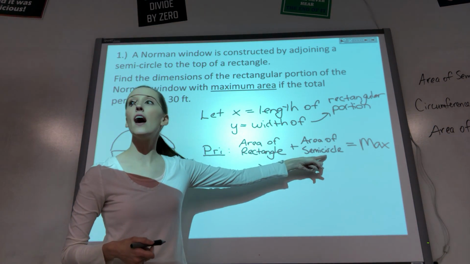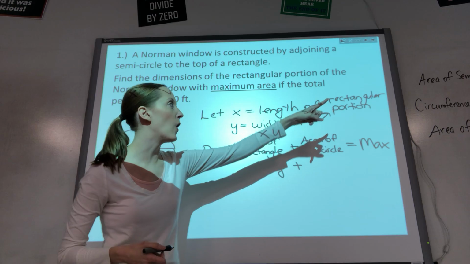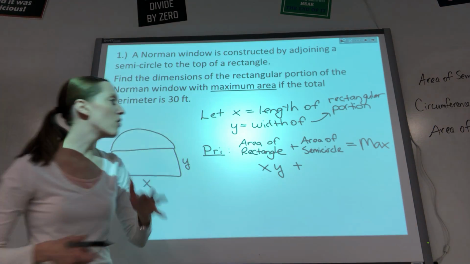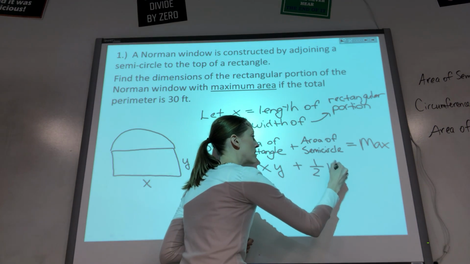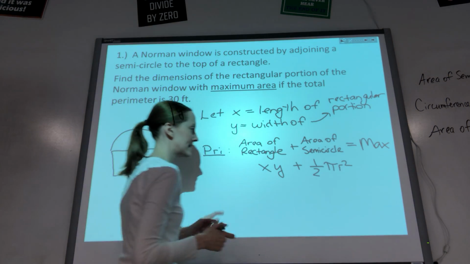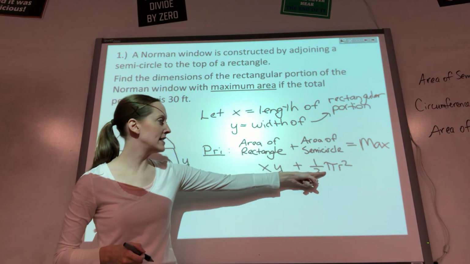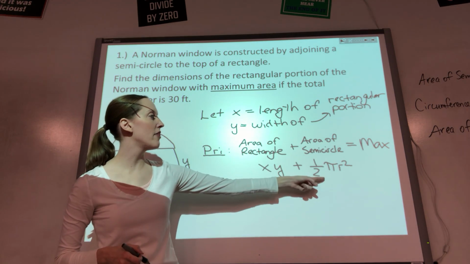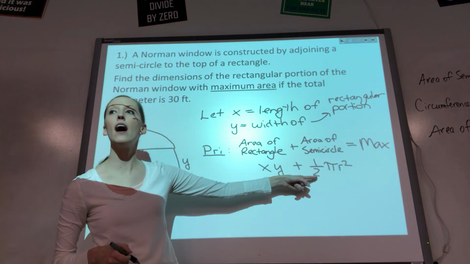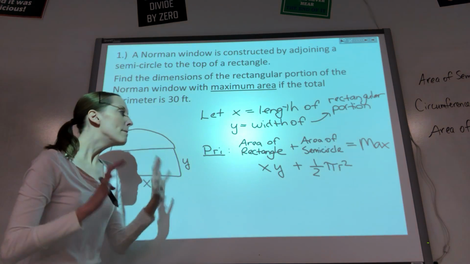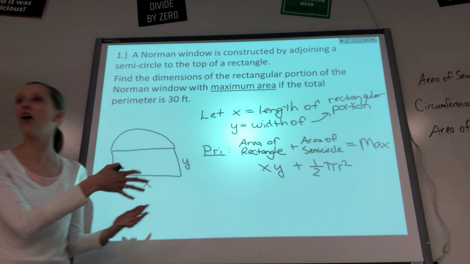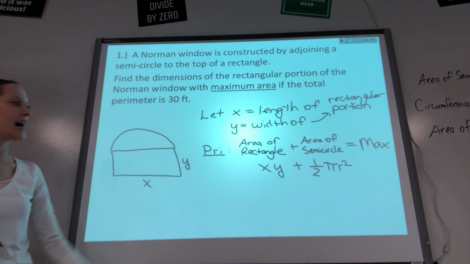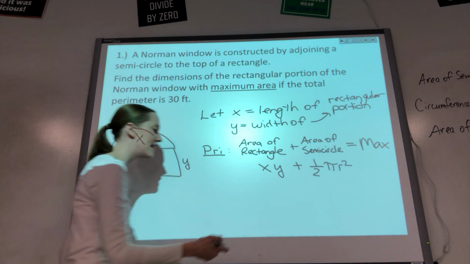Now, area of the semicircle. Maybe don't write all of this down right now because I'm going to do some erasing here in a second. But this was the formula that we had for the area of a semicircle. But I don't want to leave r as r in that formula. I want to actually put in what r is.